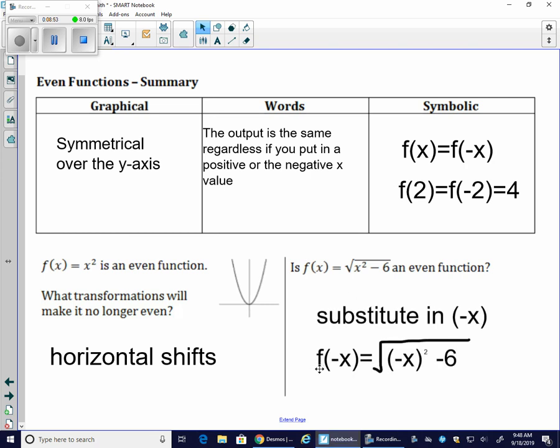If I substitute in a negative x, I get negative x squared minus 6. Well, what happens to this negative x when you square it? It is the same as a positive x squared. So even though I'm inputting negative x, I'm going to get the exact same value as if I would have inputted a positive x, making this function even. So yes, this function is even.